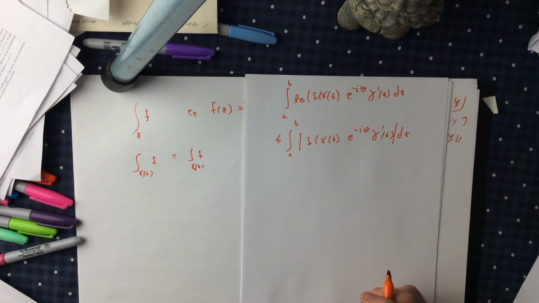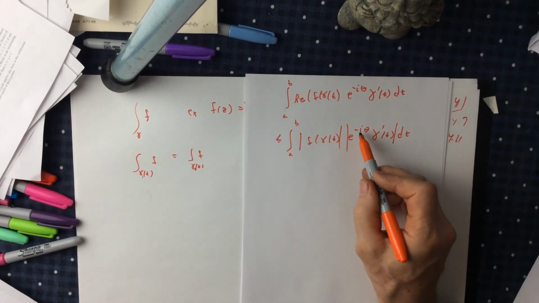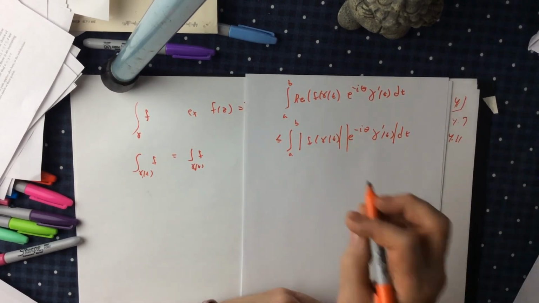All right. Now, the modulus can be thrown cross multiplication, but this is of modulus 1.